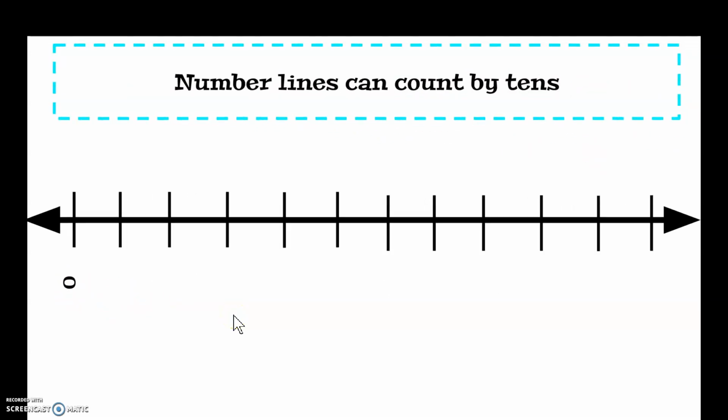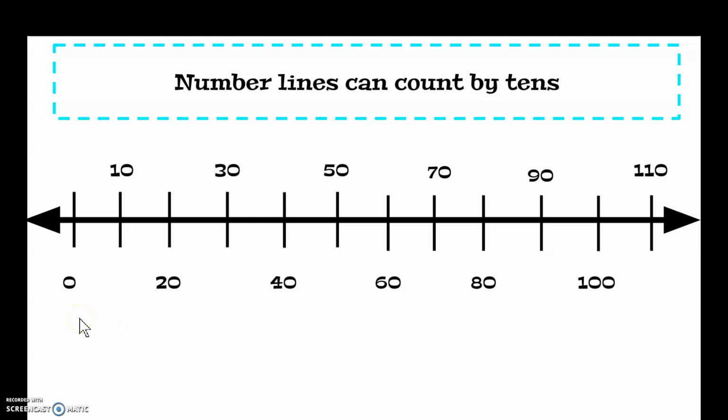Okay. Number lines that count by tens. Right now I'm just going to practice orally. You're welcome to pause and repeat. So I start at 0, 10, 20, 30, 40, 50, 60, 70, 80, 90, 100, and then hopefully you know it's 110.